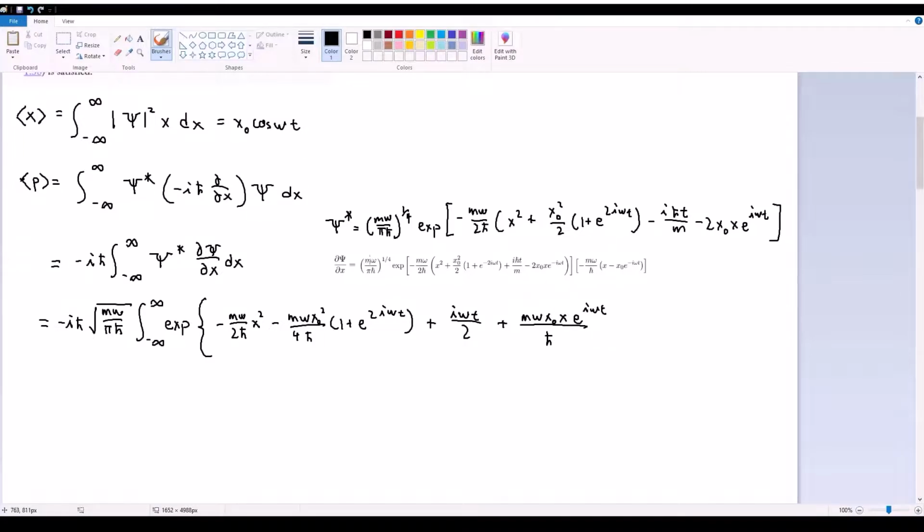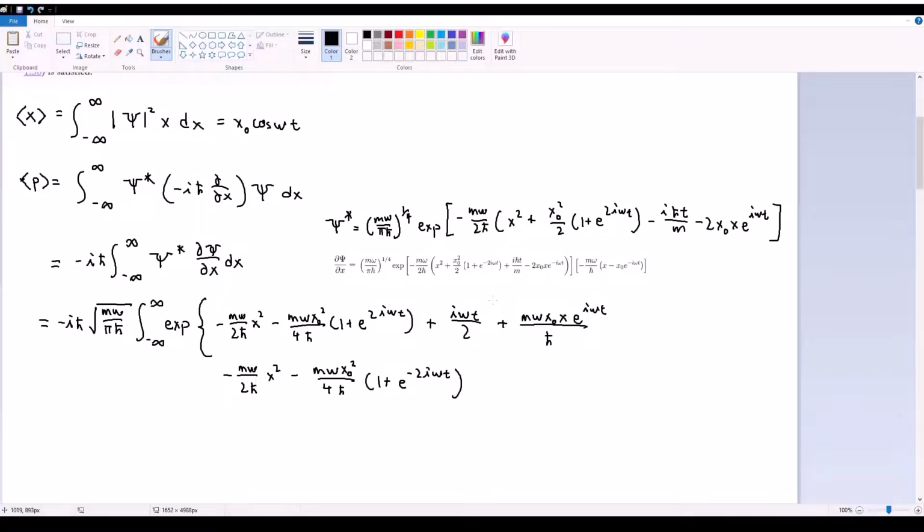And then on the lower side, we're subtracting once again m omega over 2 h bar x squared minus m omega x naught squared over 4 h bar times 1 plus e to the negative 2i omega t.